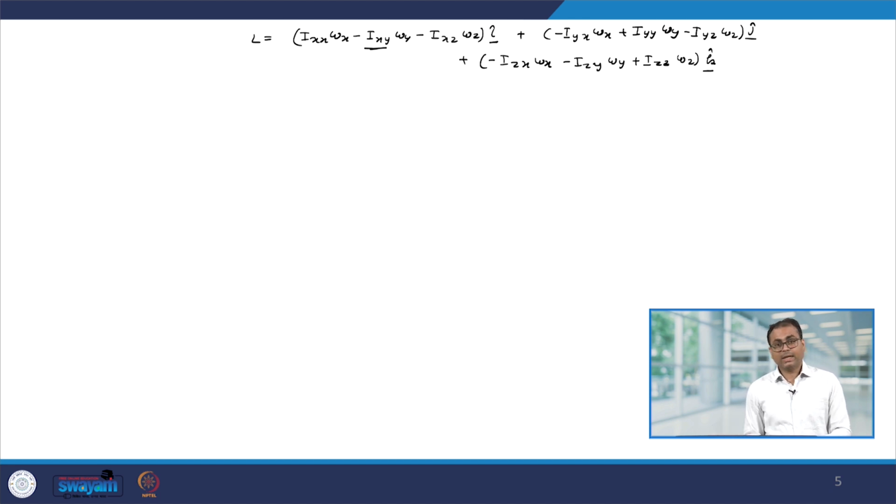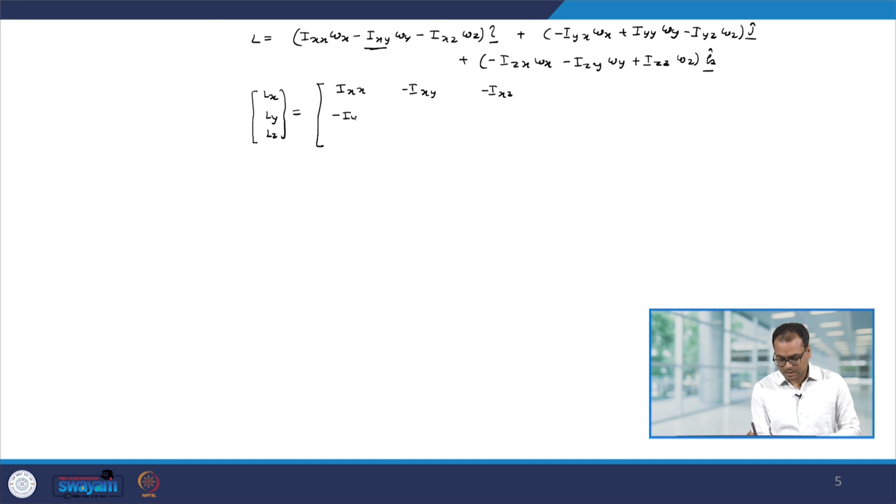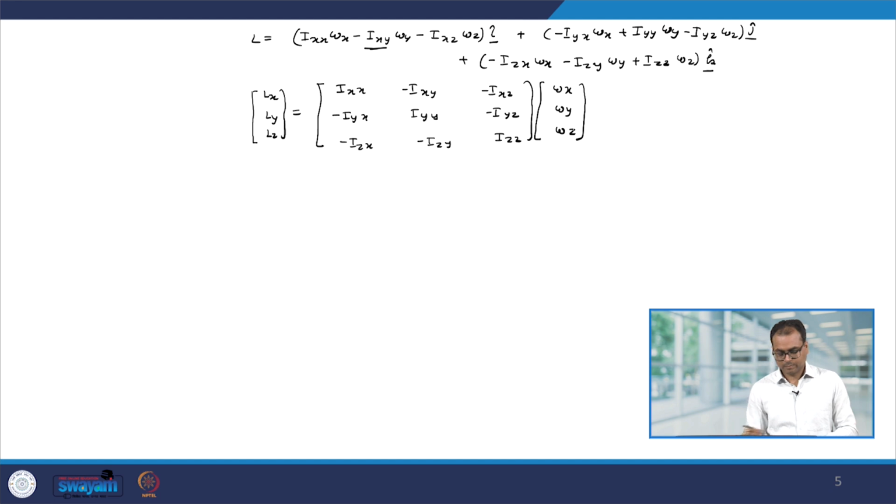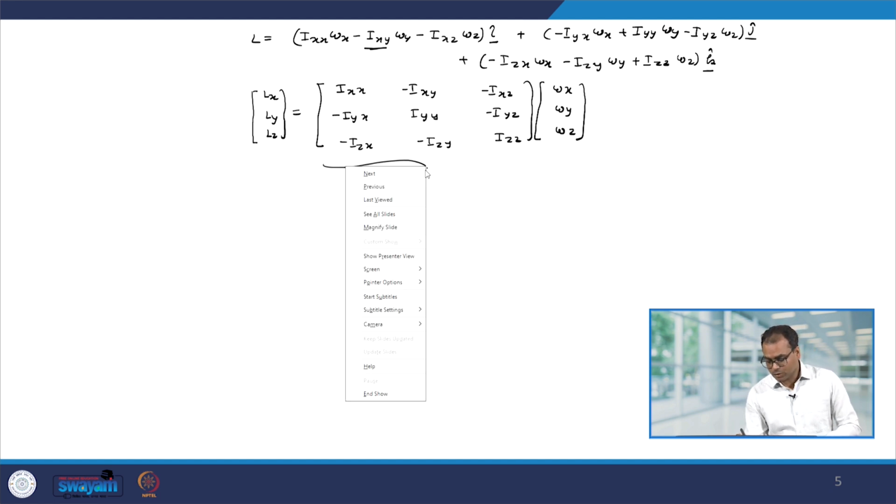Okay. This I can very nicely write down in the matrix form. So, L_x, L_y and L_z can be written as the matrix with rows [I_xx, −I_xy, −I_xz], [−I_yx, I_yy, −I_yz], [−I_zx, −I_zy, I_zz] multiplying ω_x, ω_y and ω_z. Okay. And note that this matrix over here is what?